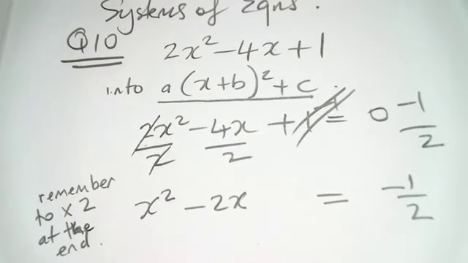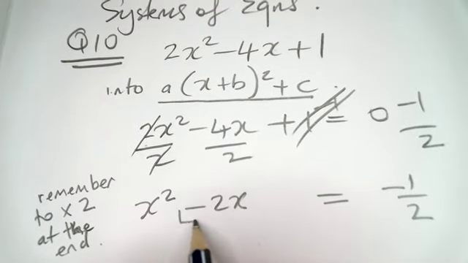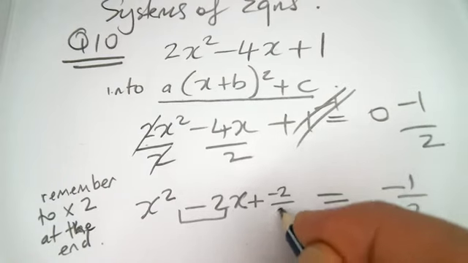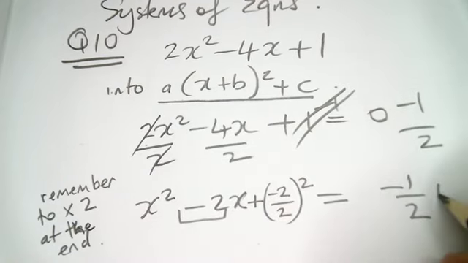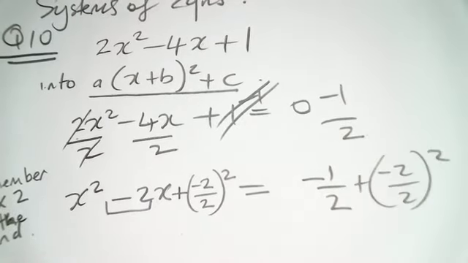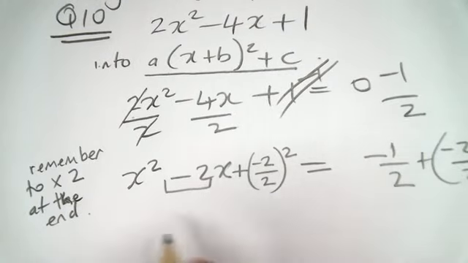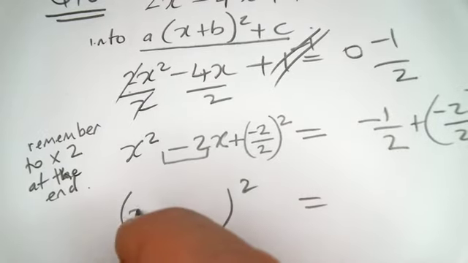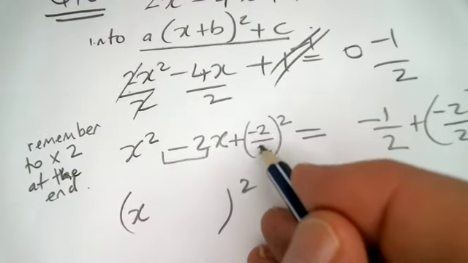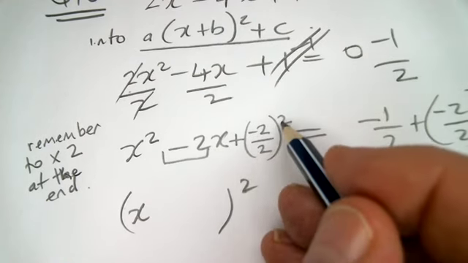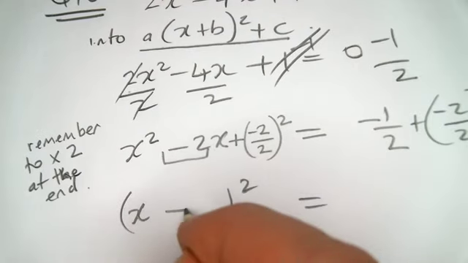All right, so we're going to take the coefficient of x, which is −2, and we're going to divide it by 2 and square it on both sides. So plus (−2 divided by 2)², for both sides. So what does all this come to? Well, I can actually do the shortcut at this point and say, right, this is going to be an x here, and whatever this thing is in here, which is basically a −1, because −2 divided by 2 is −1, we're going to ignore the square, we're going to ignore everything else, and we're just going to put −1.